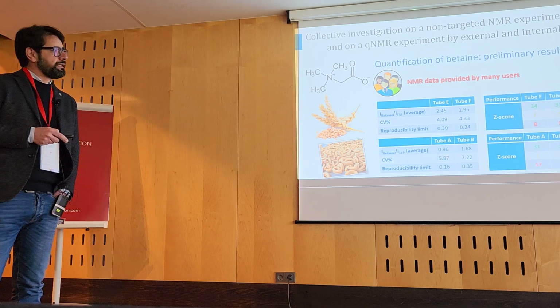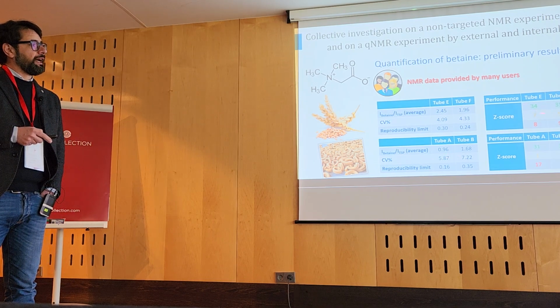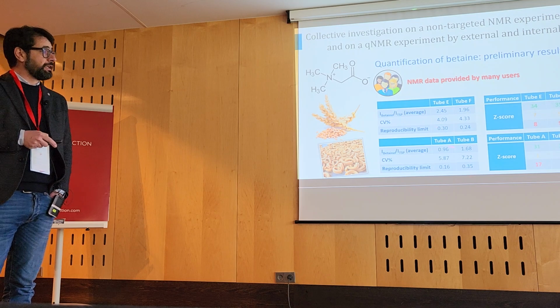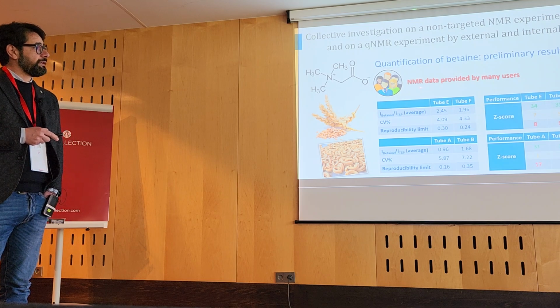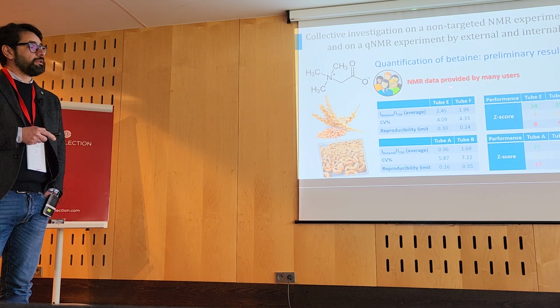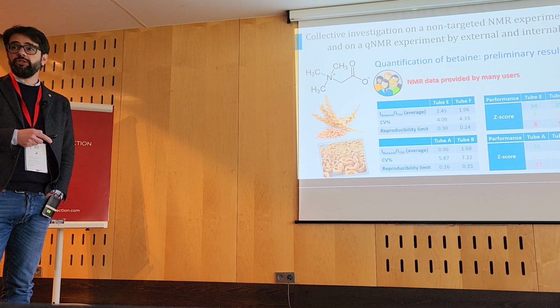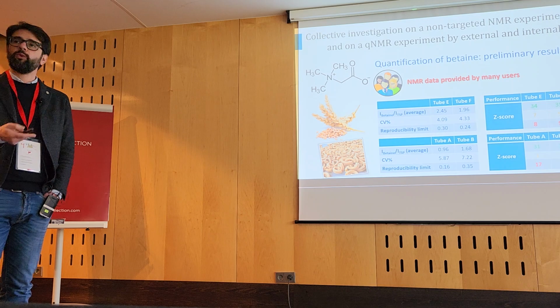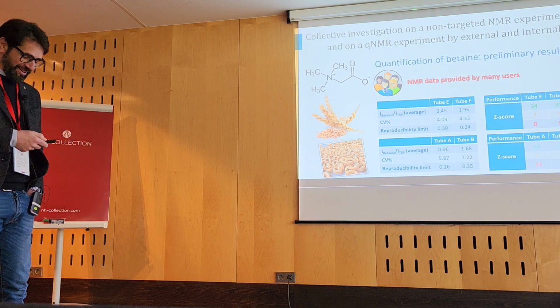And this is the number of laboratories that are in the Gaussian distribution. The yellow and red ones are out, but this is the performance with data processed by many users. We don't know yet the performance when Maria will work for everybody.